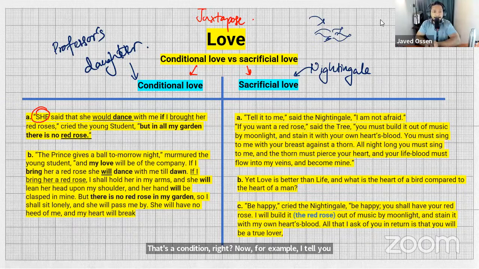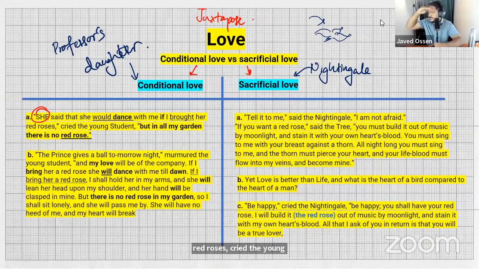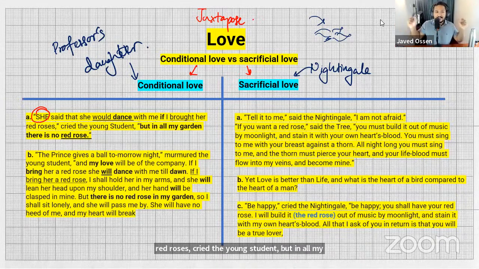If you give me 2 apples only, I have to give you 2 bananas. That is a condition. And what kind of love is this? It is conditional love. "She said that she would dance with me if I brought her red roses," cried the young student, "but in all my garden there is no red rose." The young student can't find red roses.